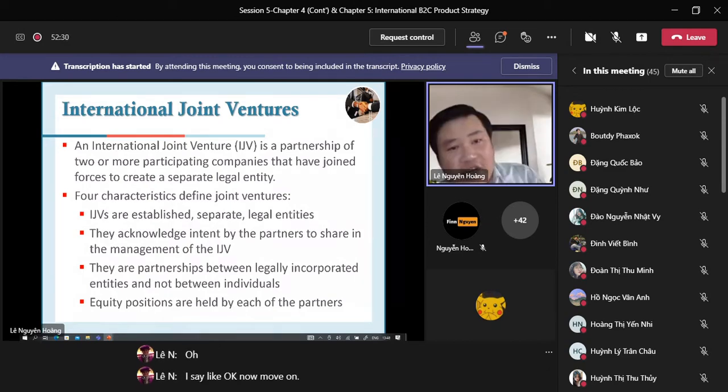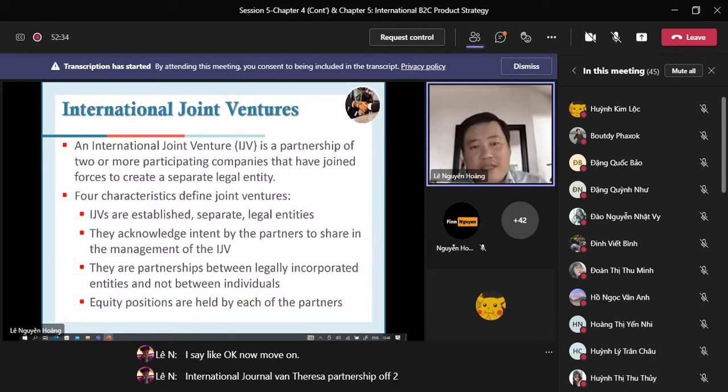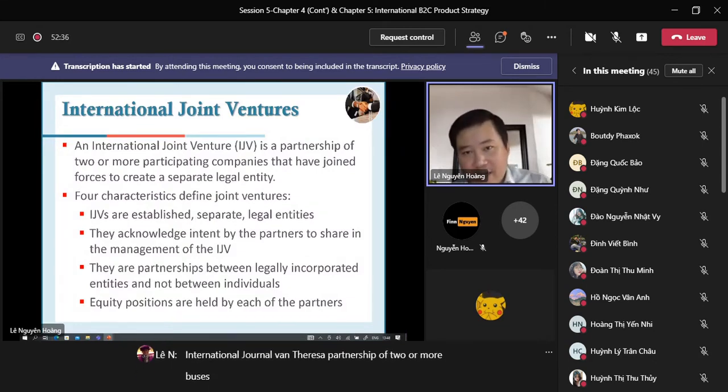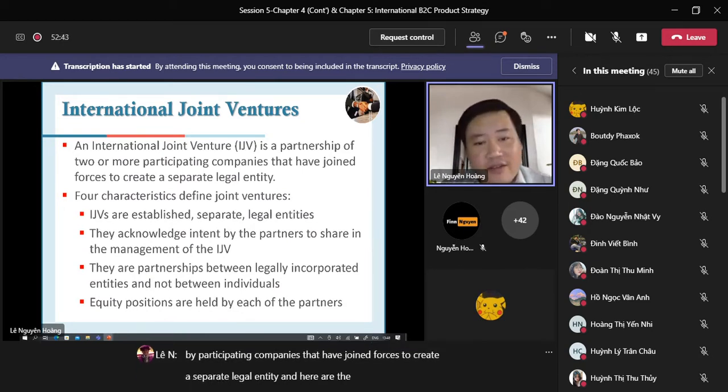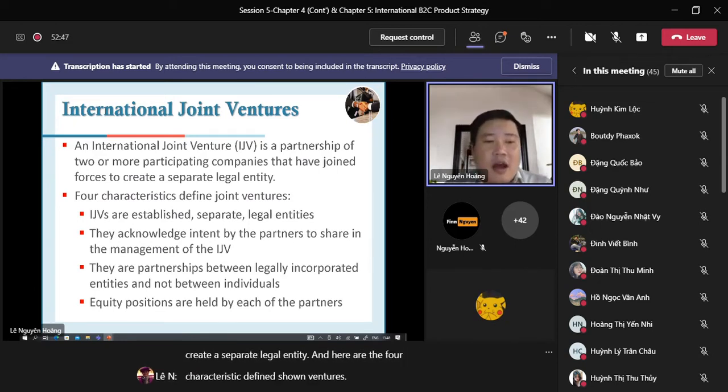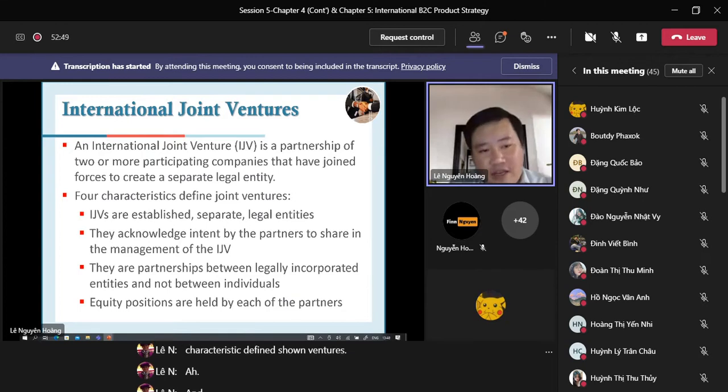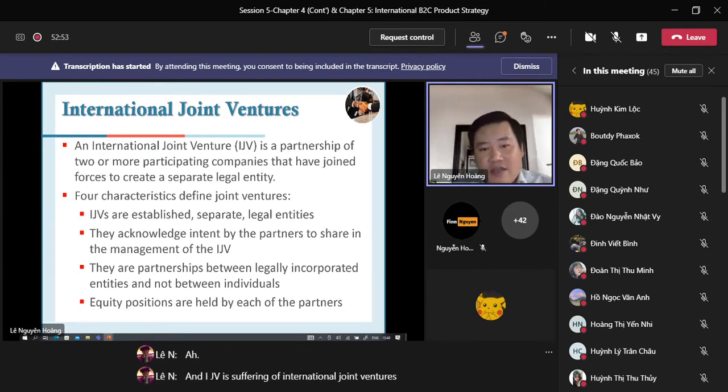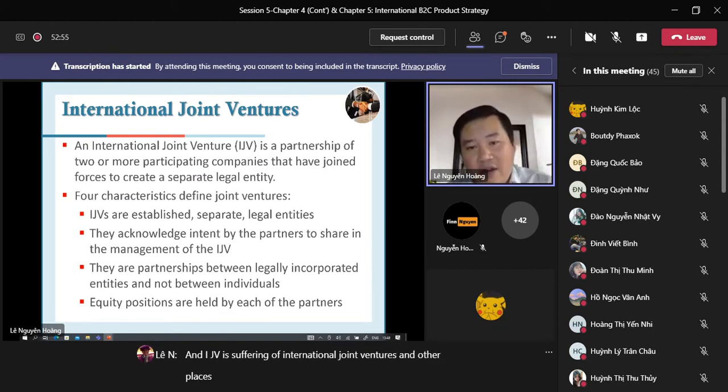An international joint venture is a partnership of two or more participating companies that have joined forces to create a separate legal entity. Here are the four characteristics that define joint ventures. An IJV, short for international joint venture, is an established separate legal entity.